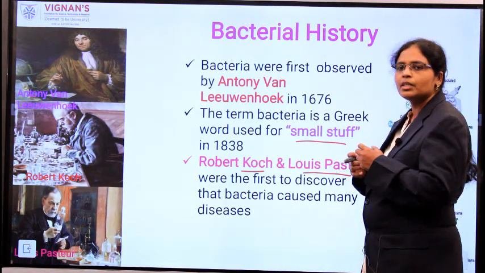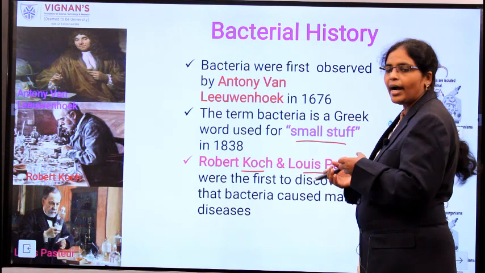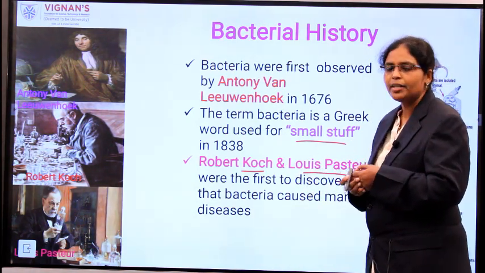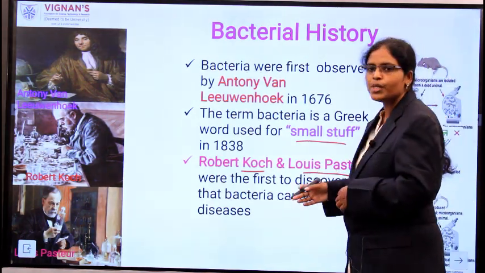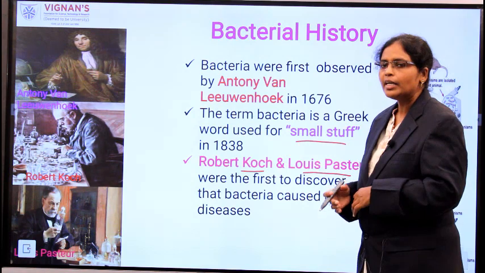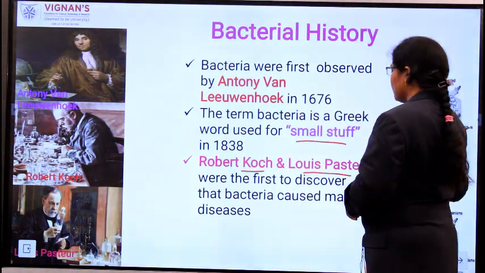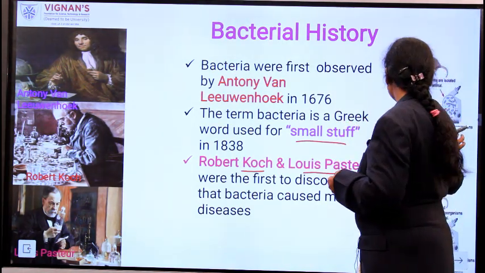They developed the solid media, they developed Petri plates, and they identified the disease causative agent. Till then, no one had identified the causative agent for a disease. Robert Koch and Louis Pasteur identified the disease causative agent, that is the microorganism, the bacteria. They identified Bacillus anthracis disease also.